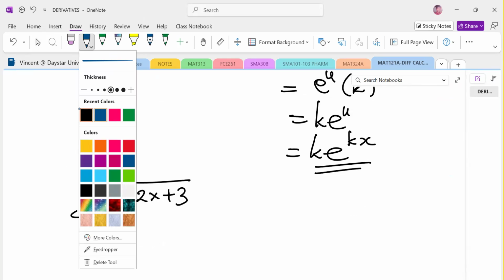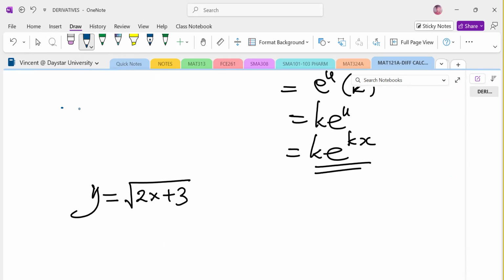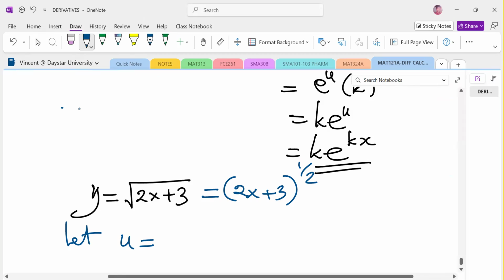Square root is the same as power, a half. So then you can write this one as 2x plus 3 raised to the power half. So this tells you that your best choice for u should be 2x plus 3.